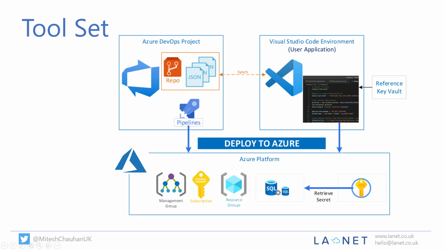In this diagram, we can see on the top right our Visual Studio Code editor. What we're saying here is we're going to reference the secret in our parameter files, rather than putting in a password or waiting for the editor to ask us what the password is when we run it.